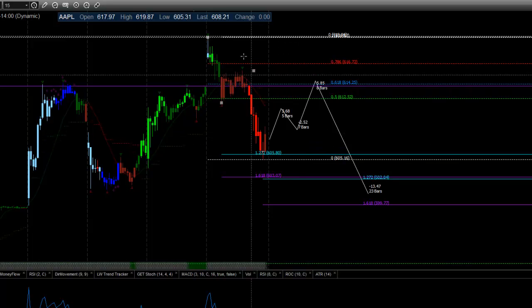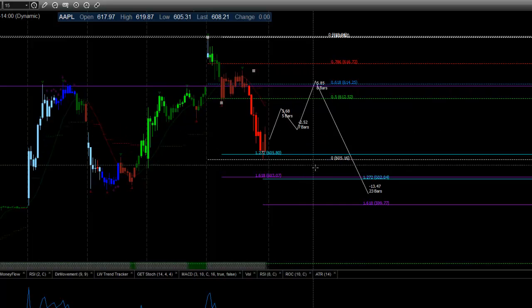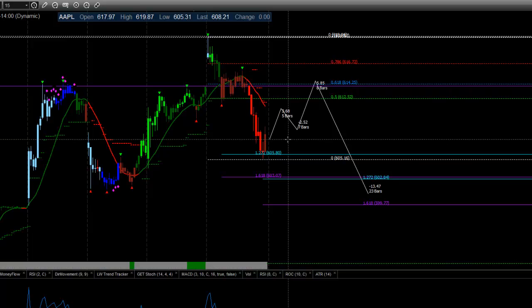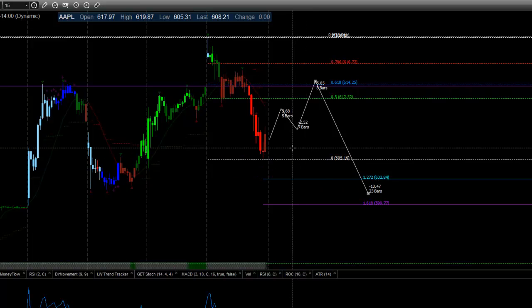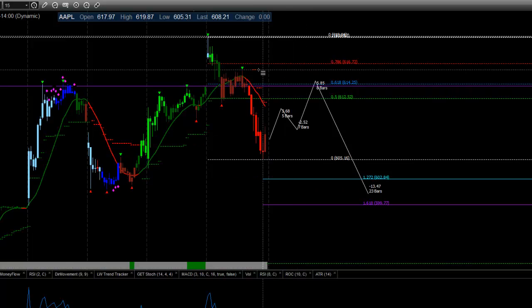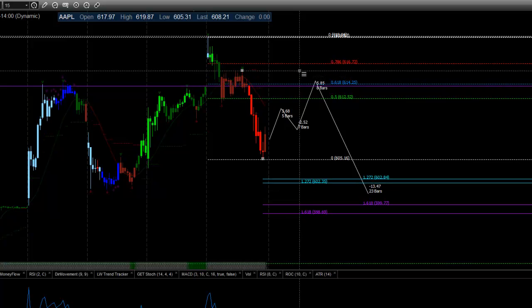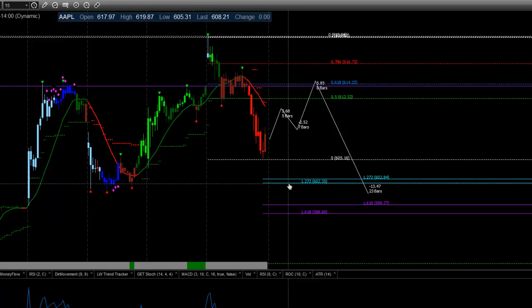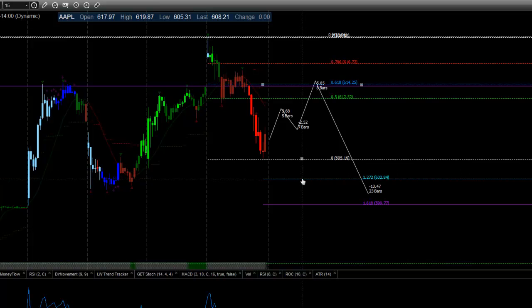So it's a 3 wave structure. We're finishing the second wave, and the third wave tells us we're going to be lower. So if we take this off and say that we made the wave 2 low, and we extend from the wave 2 high, the wave 2 low, oh, wrong one.